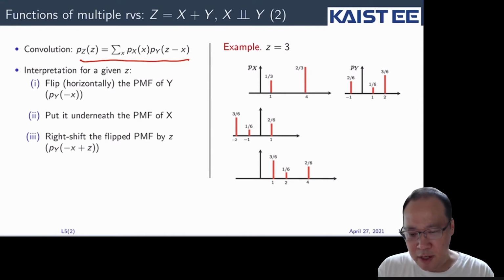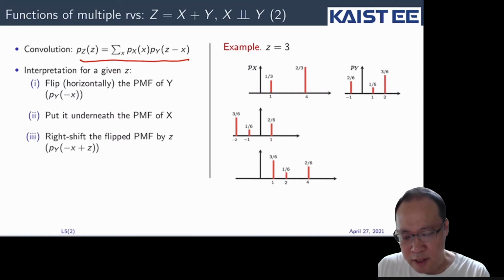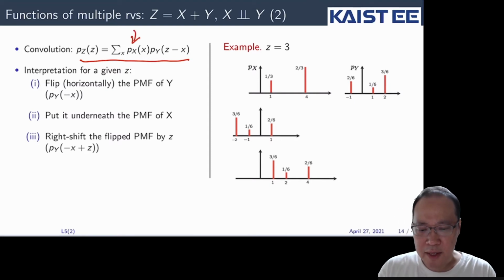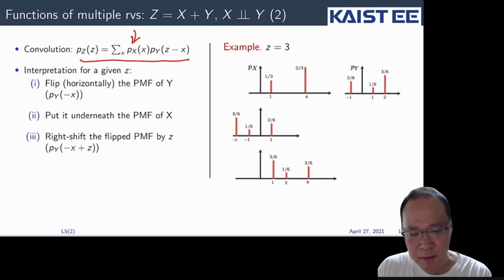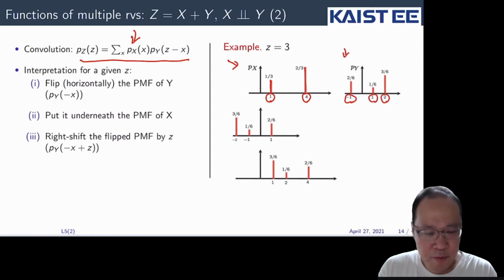If you look at this convolution equation, what we should do is take the p_X(x) first. For example, here we're looking at the example where p_X is given like that. We have only the values 1 and 4, with probabilities 1/3 and 2/3. And this is p_Y, with three values, minus 1, 1 and 2, each with some probability mass.